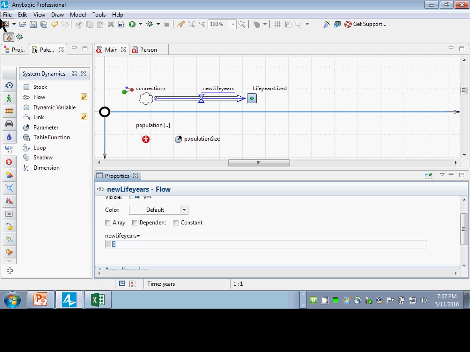So this is an accumulation. And coming into this accumulation is the flow corresponding to new life years. At any one time, this is going to be summing this up over time, or at a more mathematical level, for those for whom this is meaningful, it's going to be integrating this up. So if there's one person who lives 50 years in the model, the number of life years lived is going to integrate up.